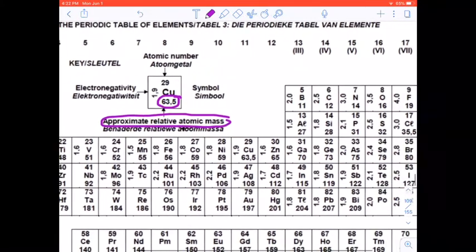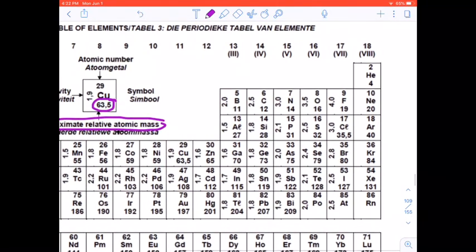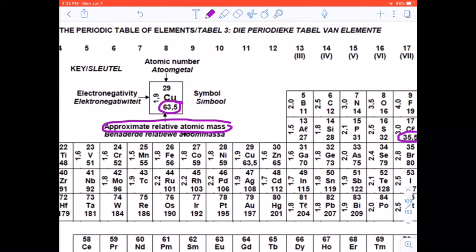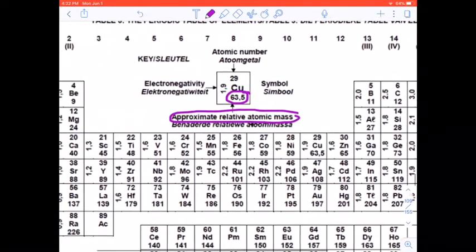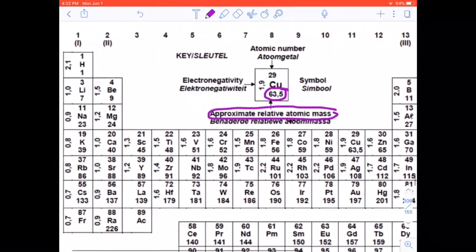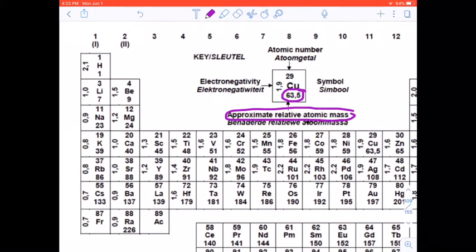Right. And chlorine is 35.5. Why I'm showing you this is that these are the only two that seem to be given to one decimal place. All other relative atomic masses are given as whole numbers.